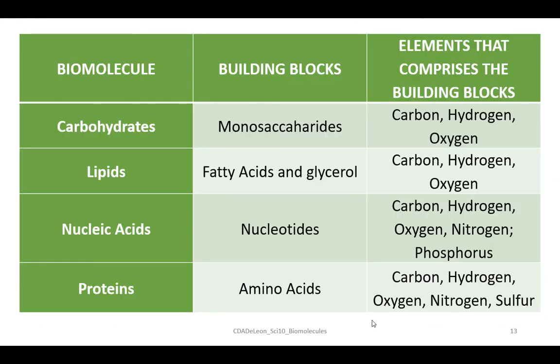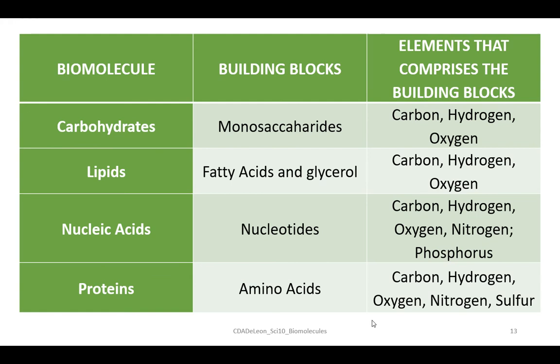Now, we have this summary. This table is a summary of all the biomolecules that we will discuss in this video. So first is carbohydrates, which has the building blocks of monosaccharides and is composed of carbon, hydrogen, and oxygen.